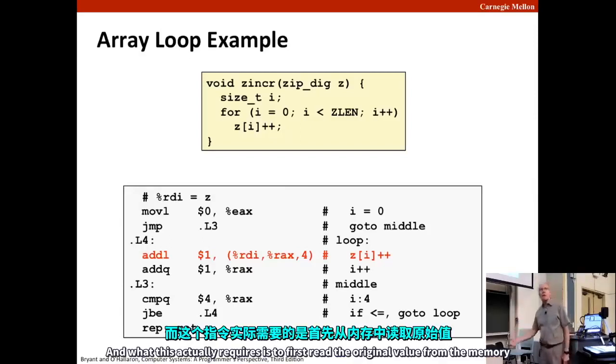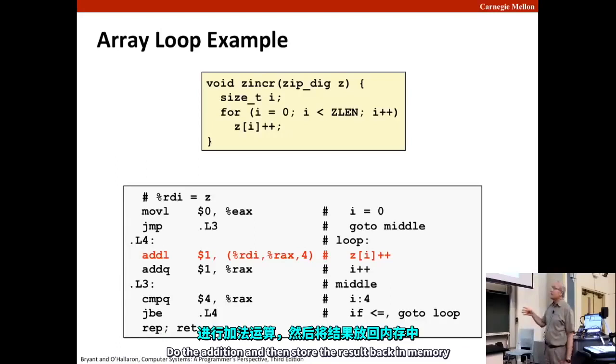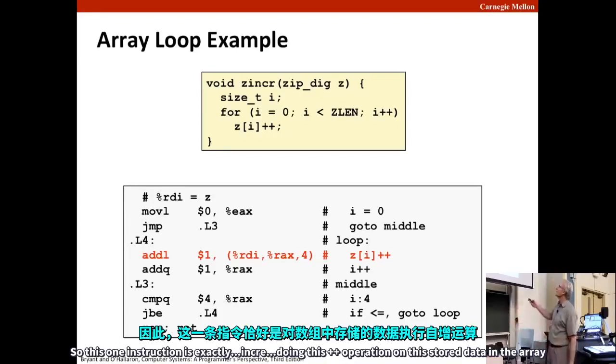And what this actually requires is to first read the original value from the memory, do the addition, and then store the result back in memory. So this one instruction is exactly doing this plus plus operation on this stored data in the array.